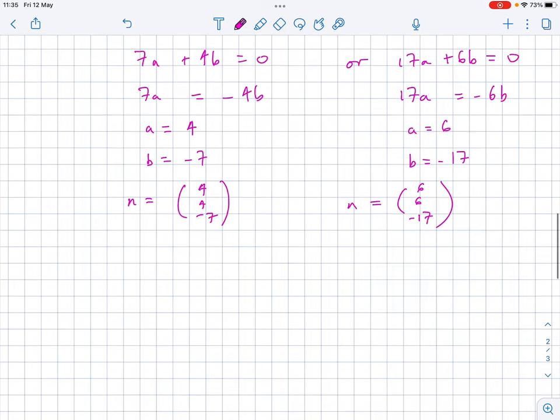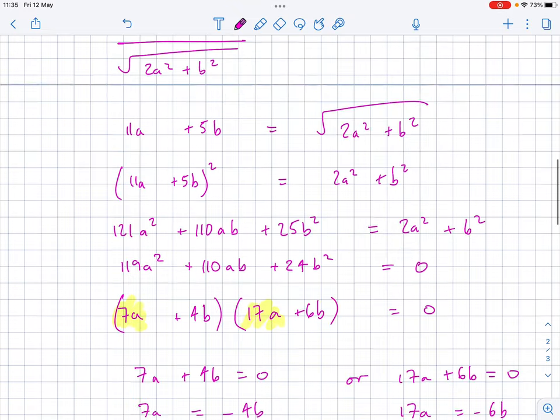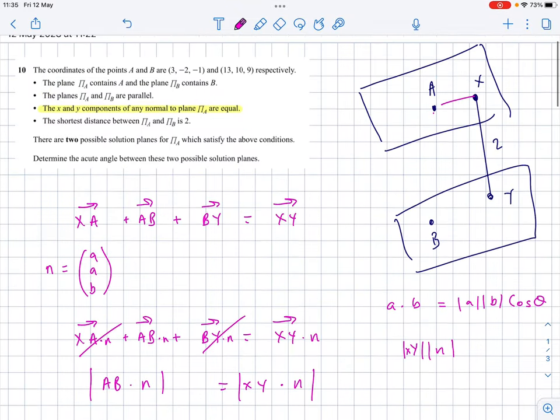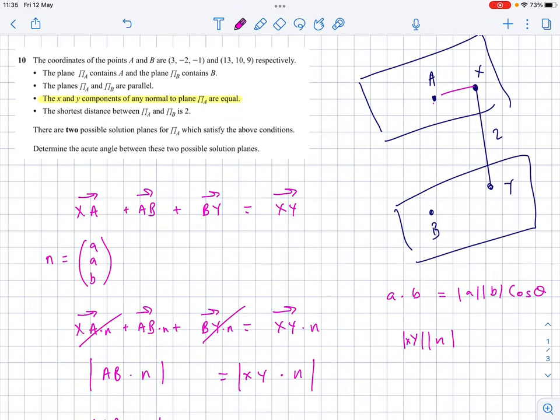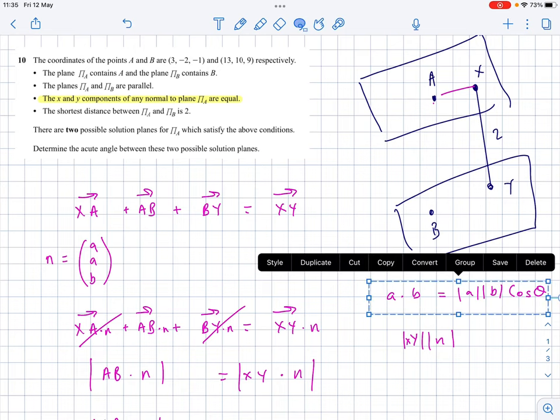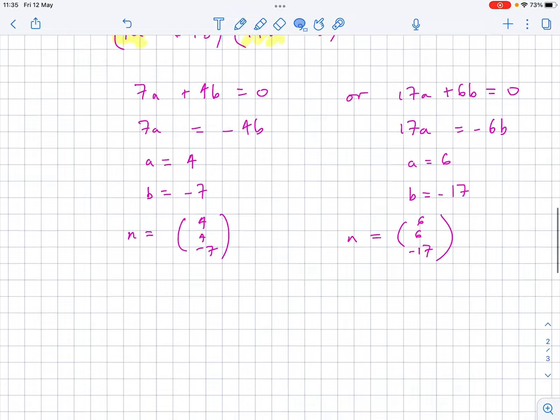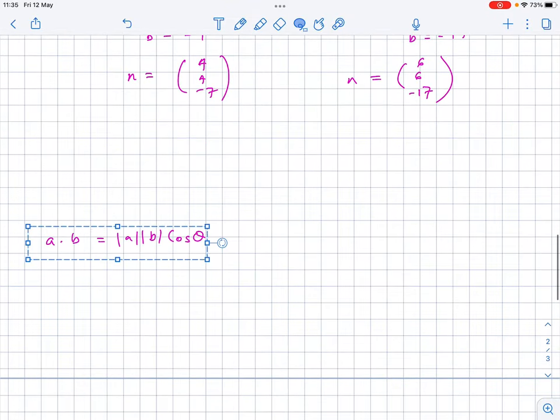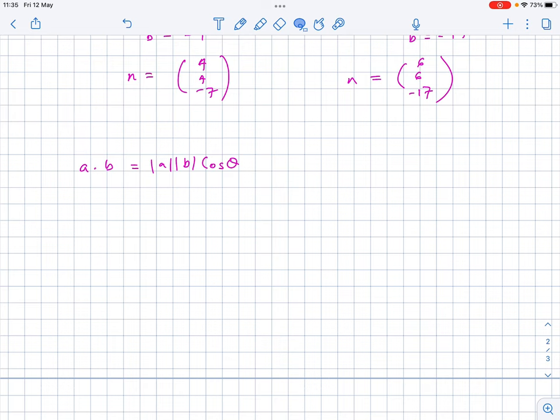Yeah, so we get to there, and now that's the hard work done, because we want to find the acute angle between the two possible planes. Now this is just like a standard method. We're going to use this formula, so copy that, because that's how we find the angle between any sort of vector.